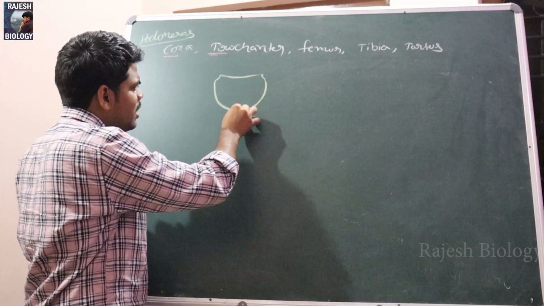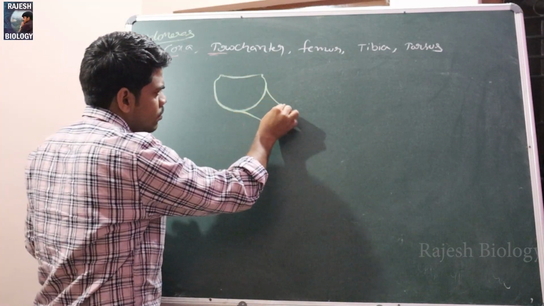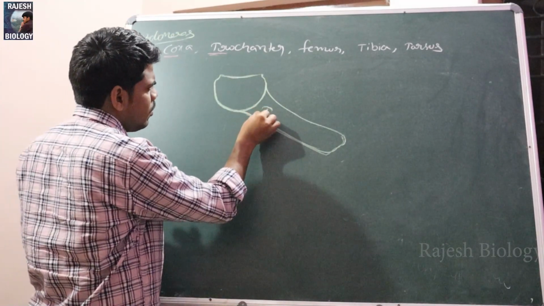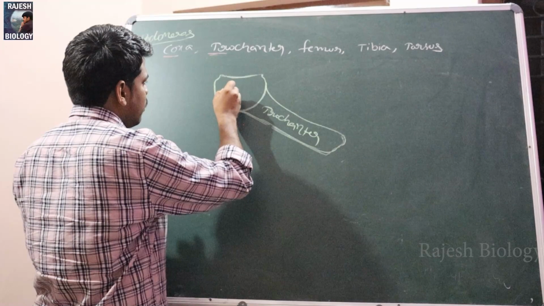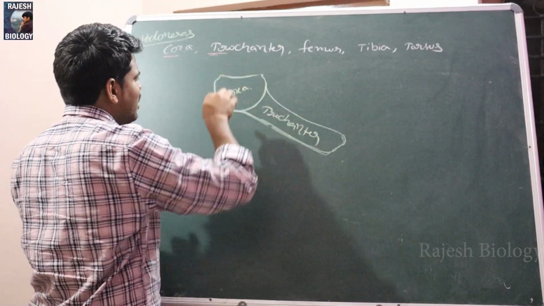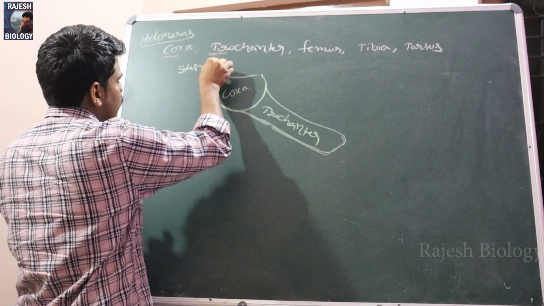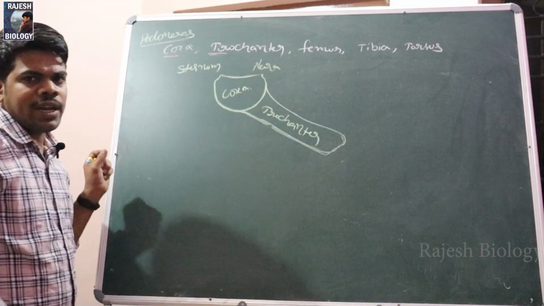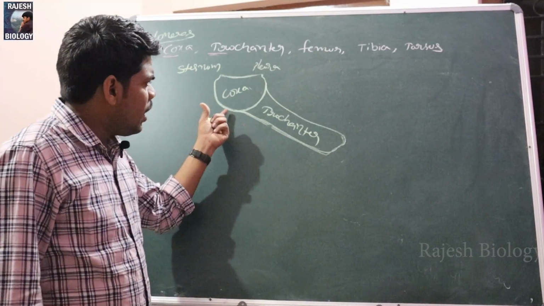And this coxa directly articulates with the trochanter. Coxa is attached with the sternum and pleura, not to the tergum.